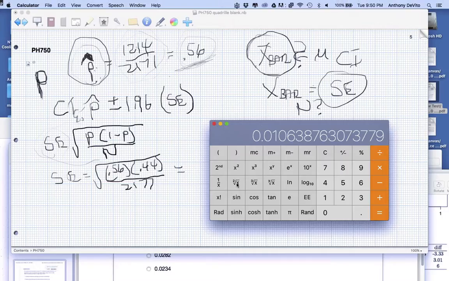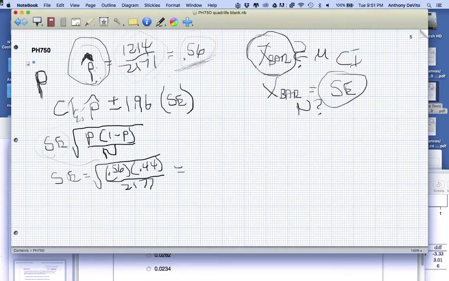Here we go, square root. So my standard error is equal to about 0.011.